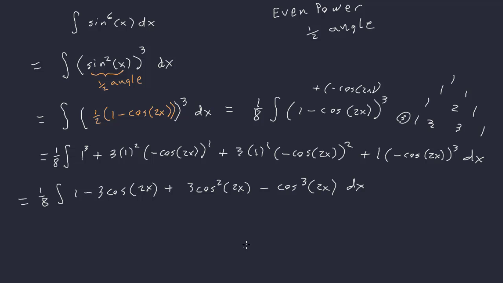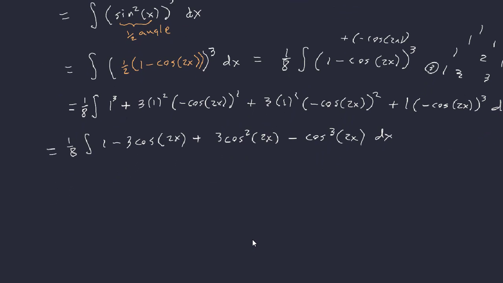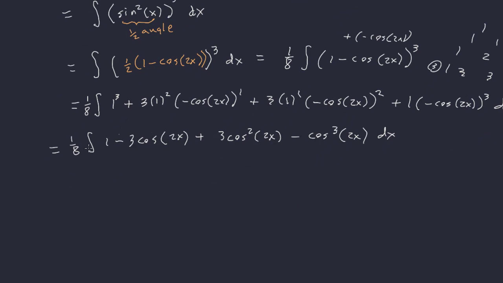Okay, now this brings us into some funky integral stuff because here we're going to need to do another half angle identity. So what we have is that this piece of the integral is ready to go. This is ready to integrate. This piece is not.